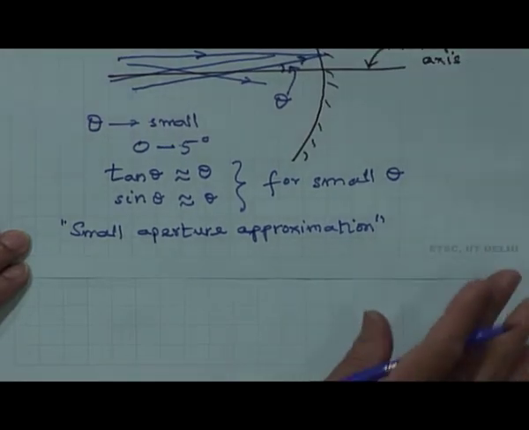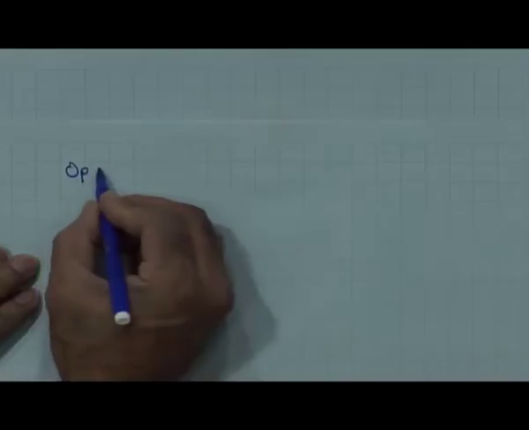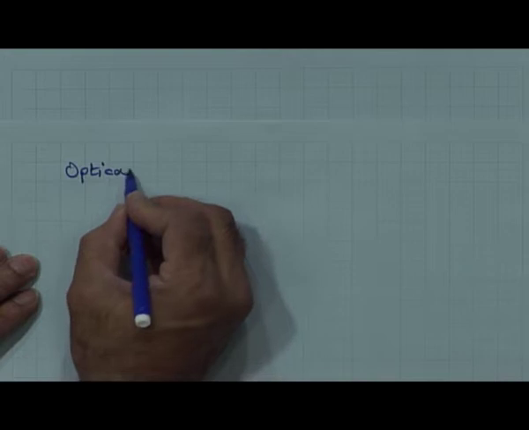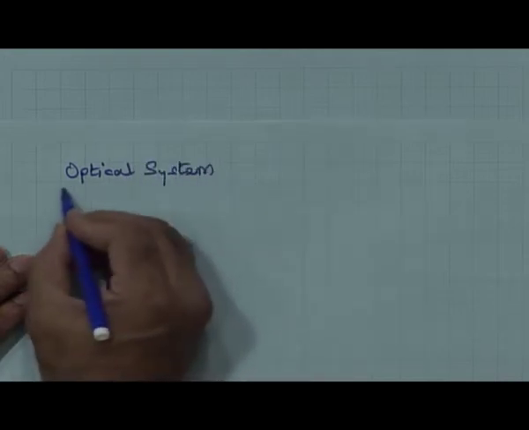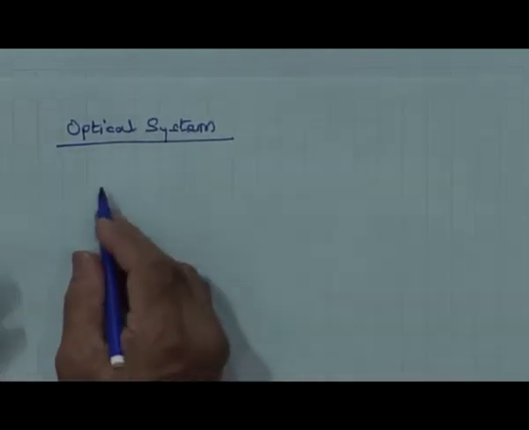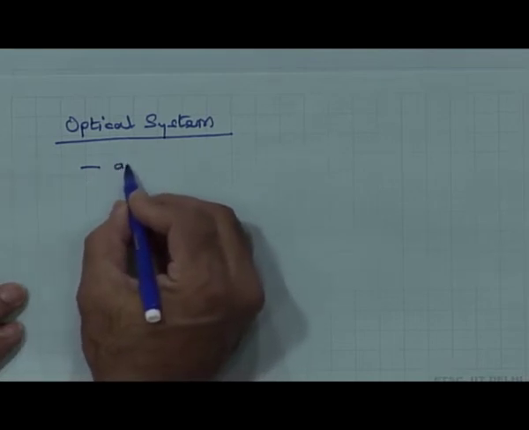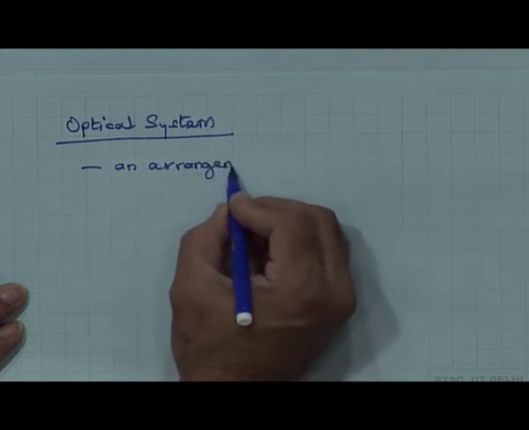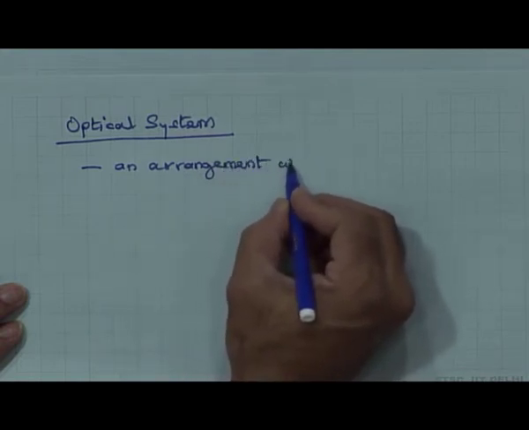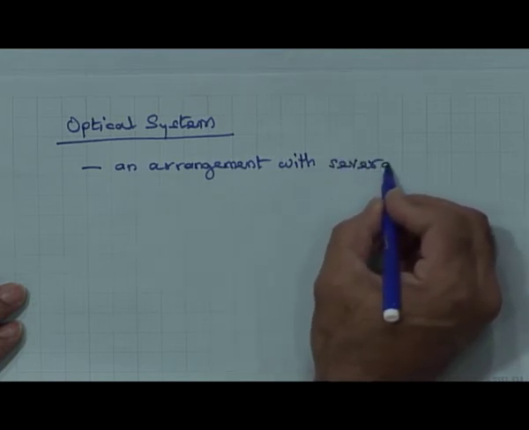If we consider an optical system, an optical system means a device or an arrangement with several optical components.